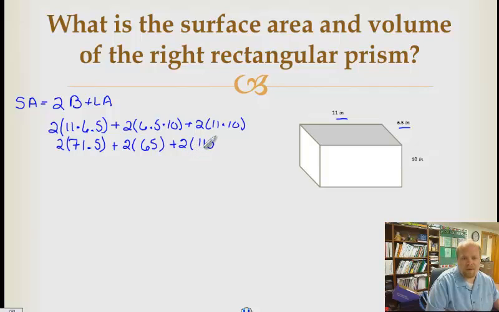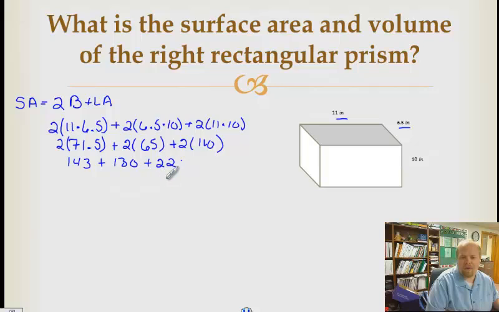Now I go through: 2 times 71.5 is 143. 2 times 65 is 130. And 2 times 110 is 220.